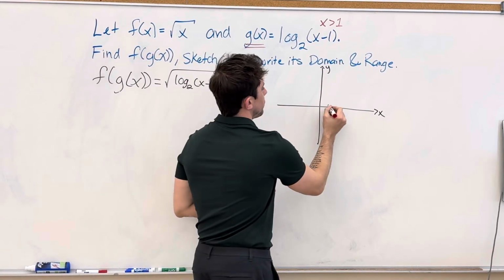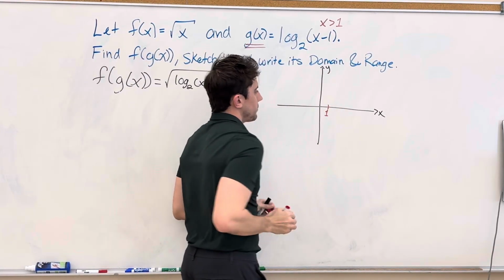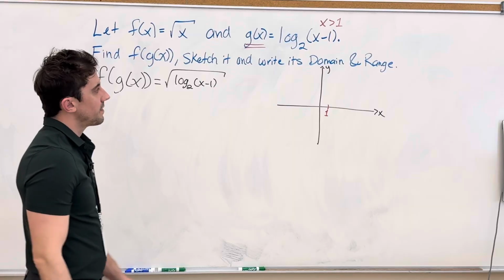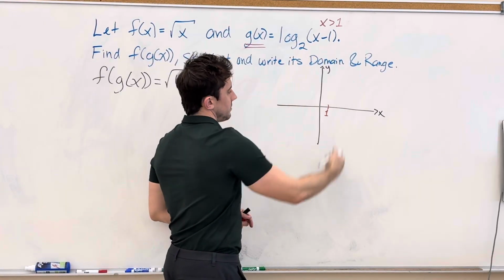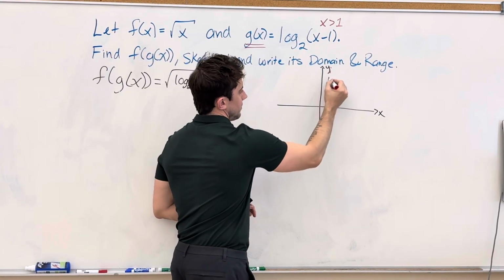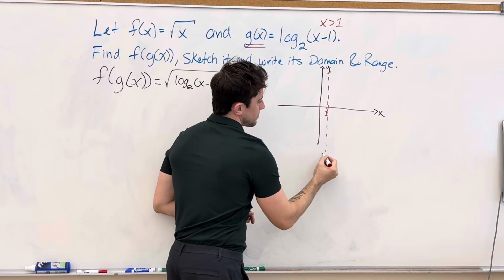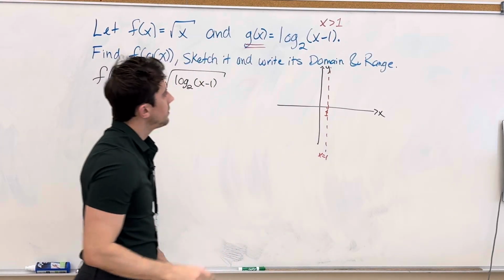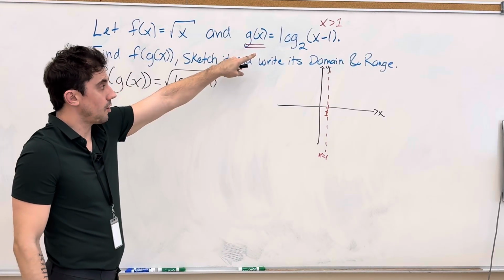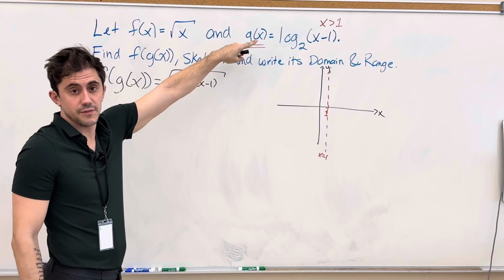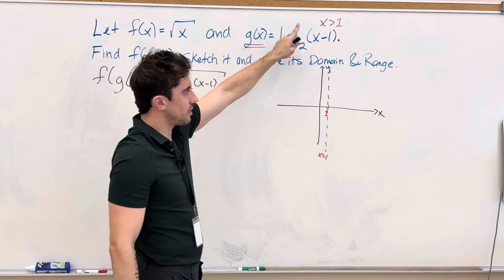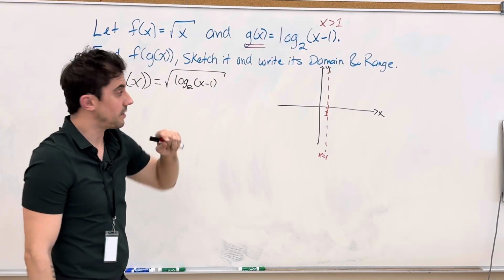And so if I put the positive 1 value here on the x-axis, x is equal to 1 serves as a vertical asymptote of sorts. And then if you remember what a log base 2 function looks like, there's no stretches or reflections going on.